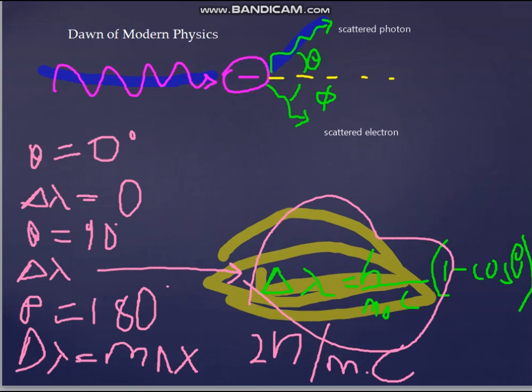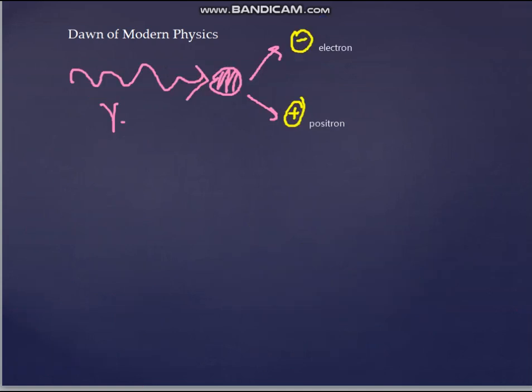Let's move on to pair production. So let's see the diagram here. When a gamma photon hits the nucleus, the photon decomposes into an electron and a positron. This phenomenon is known as pair production: decomposition of a gamma photon into an electron and positron pair.